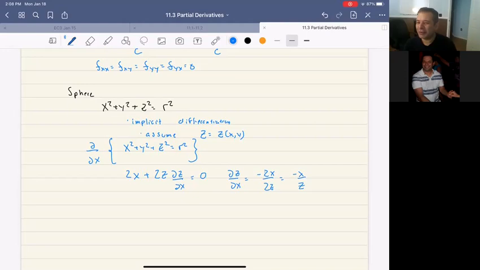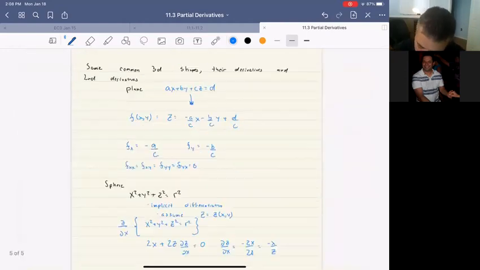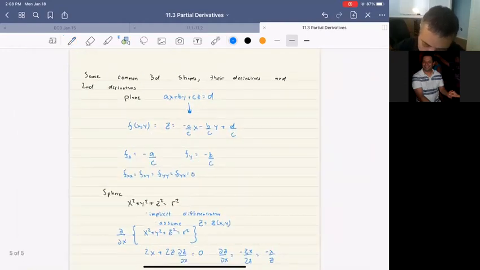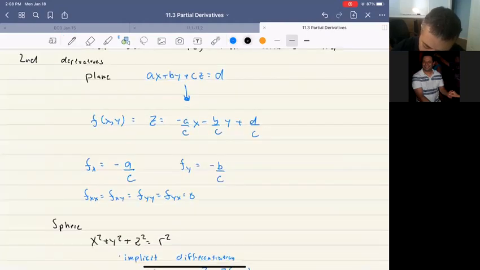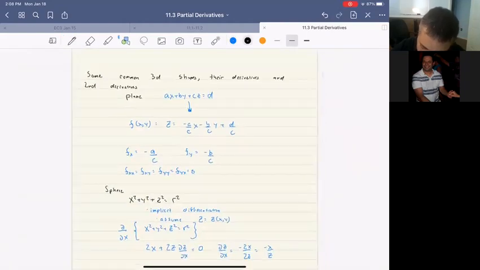Okay, let's take a look at what that means. I could have done this also for the plane, but that one was a little bit easy, but let's do it. So for the plane, let's look at both these pictures.